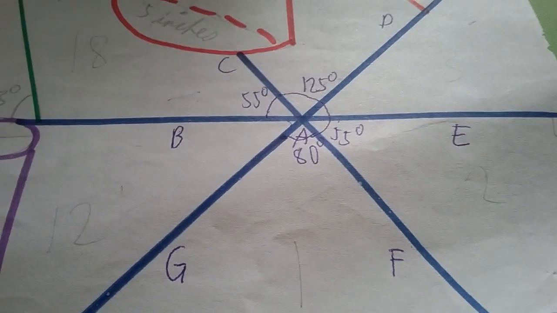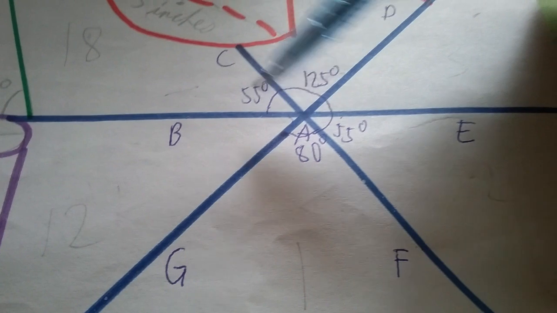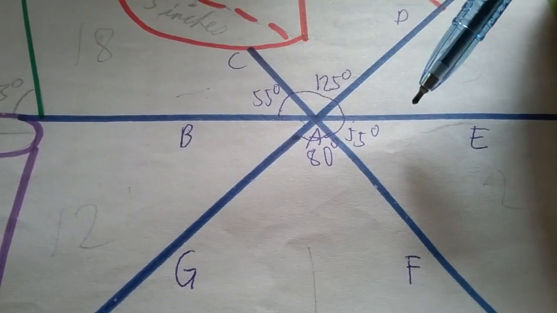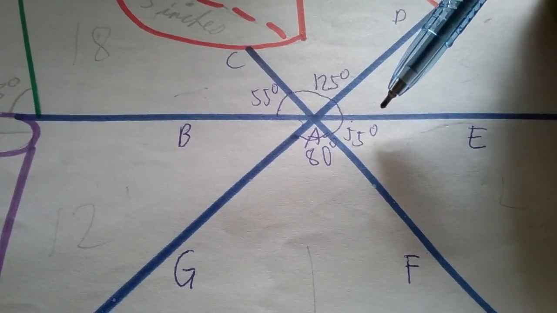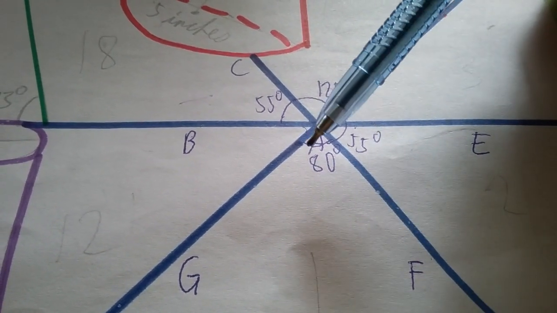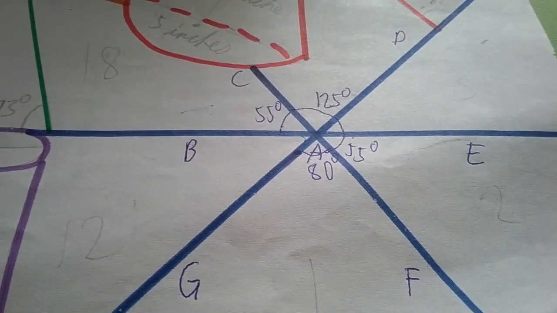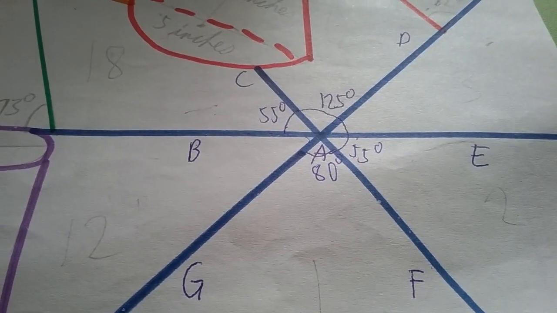Now that we already got everything, what about the remnant angle? This guy. Well, that's easy. Do you remember, you just applied the supplementary angle pair. So we have 55 degrees and 80, sum it all together, what did you get? You should get 135 degrees.